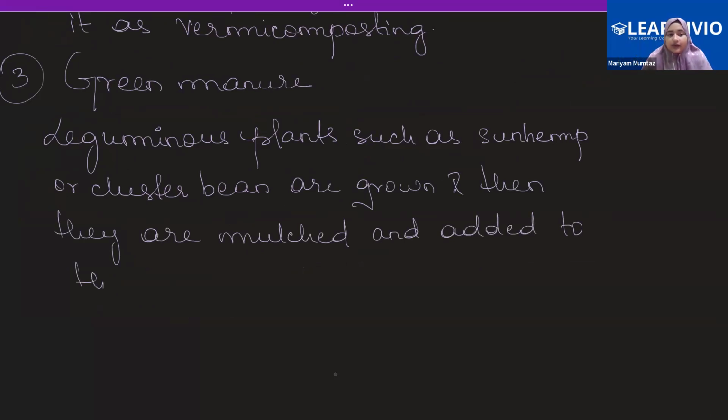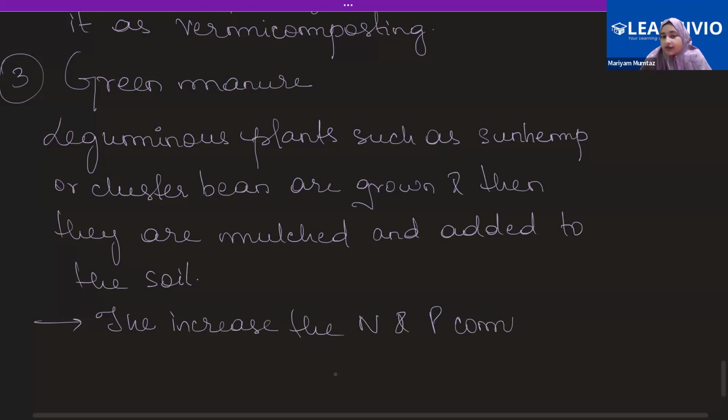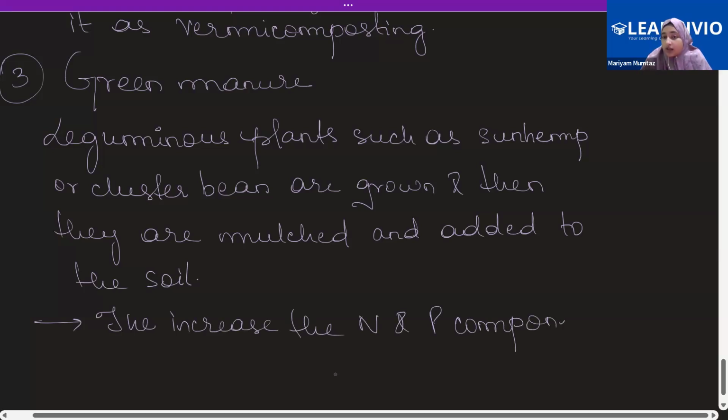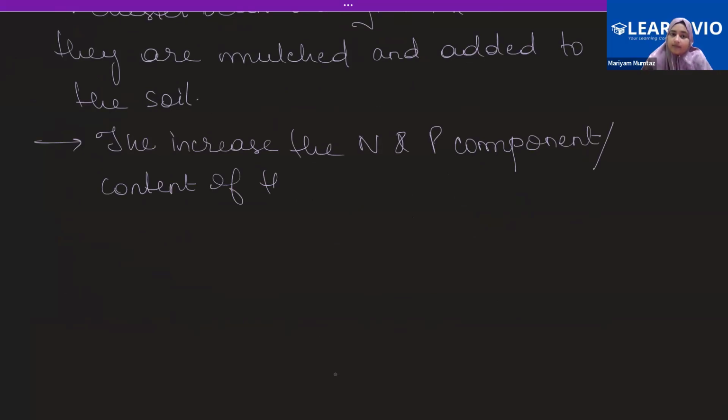What they do is increase the nitrogen and phosphorus content of the soil. Is it clear to everyone?